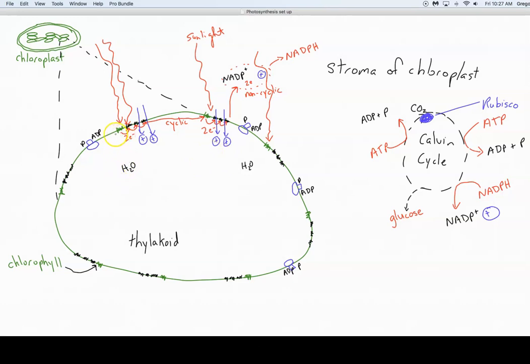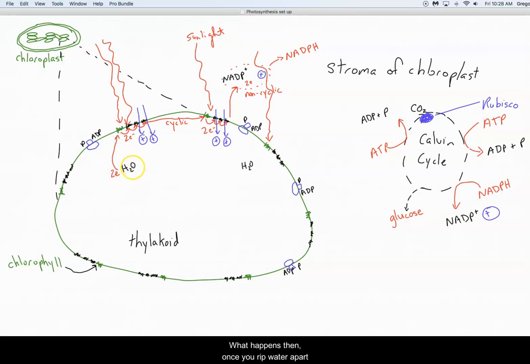All right, now this chlorophyll here that I've drawn needs to replace the electrons that it lost. And in one of the reactions, one of the photosystems, that is done by ripping electrons off of water.